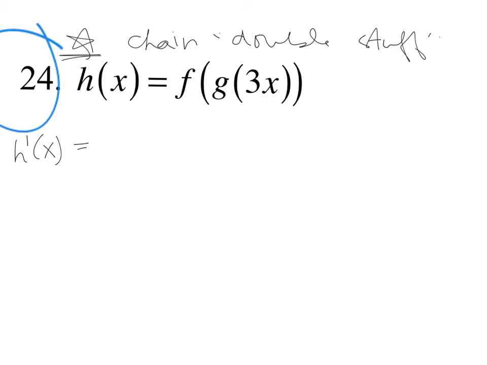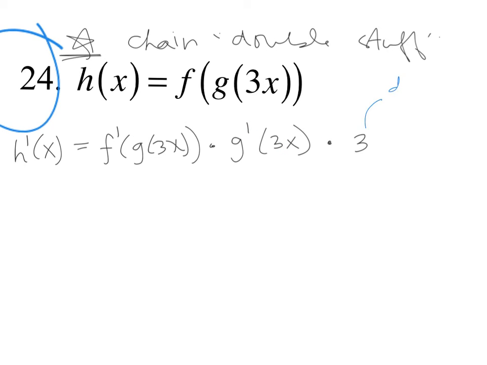All right, h prime of x is equal to f prime of g of 3x multiplied to g prime of 3x multiplied to 3, which is the derivative of 3x.